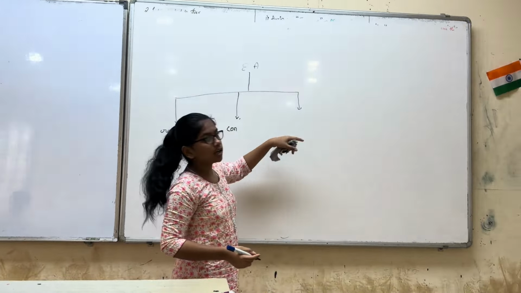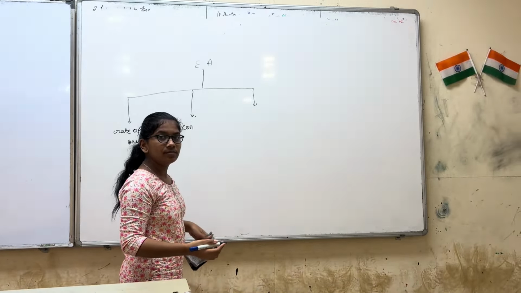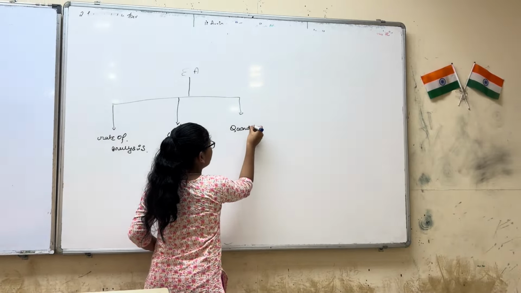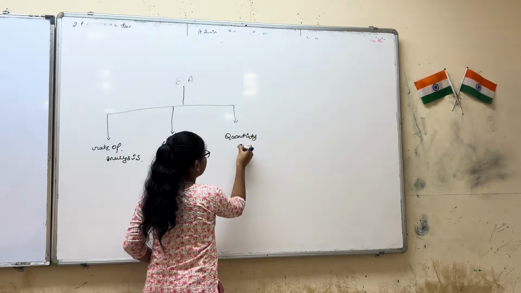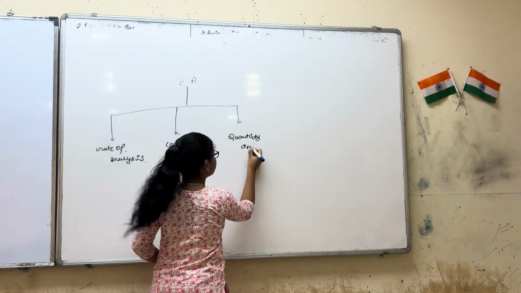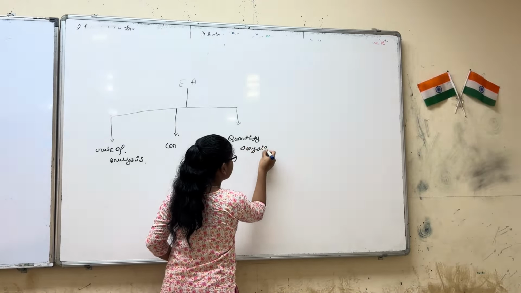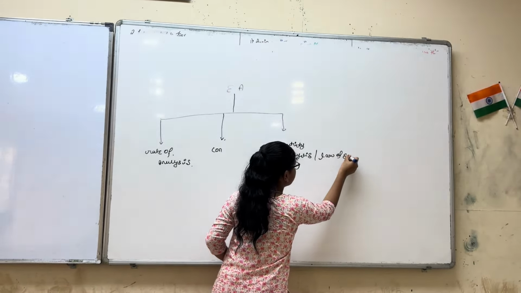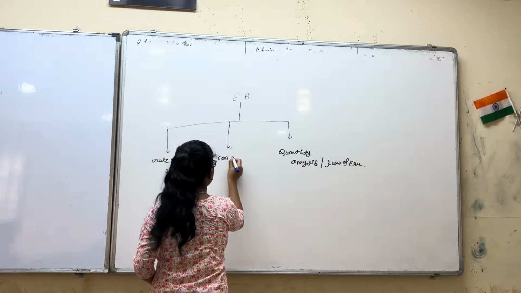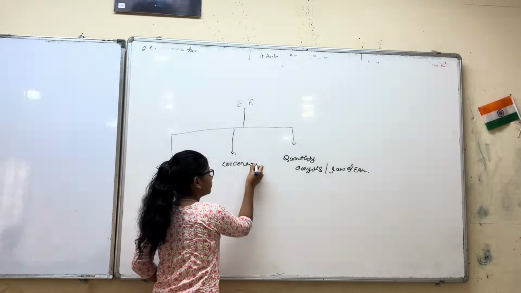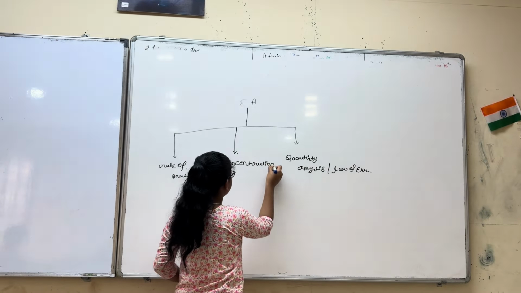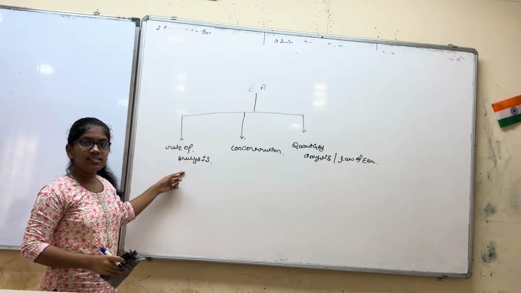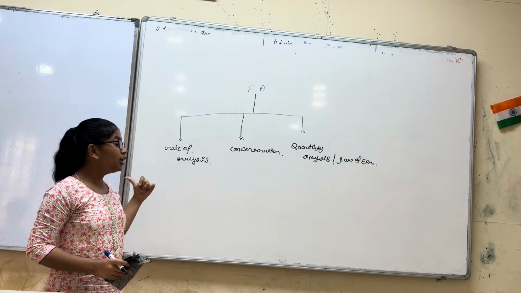Third one is quantitative analysis, or law of equilibrium. Rate of equilibrium: the forward and backward reaction rates are equal.